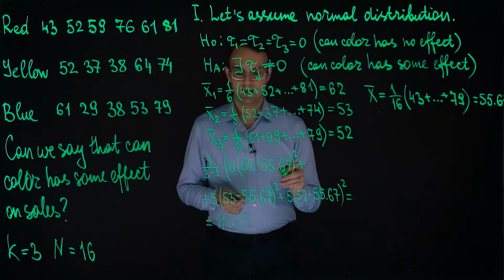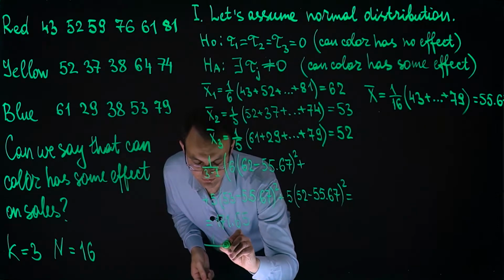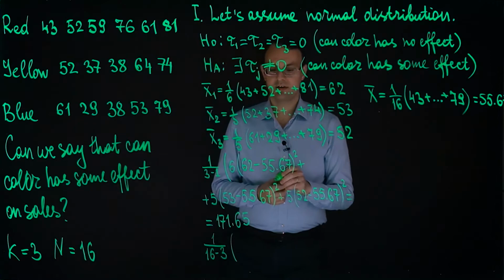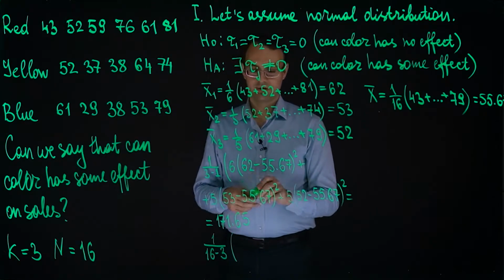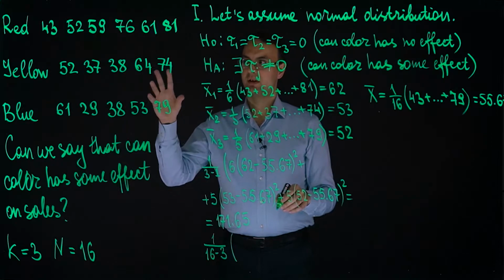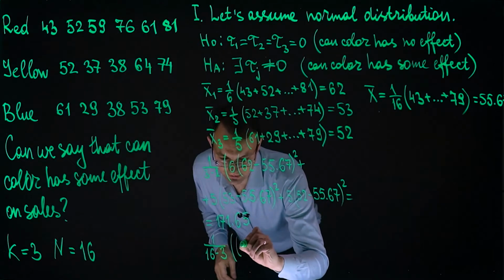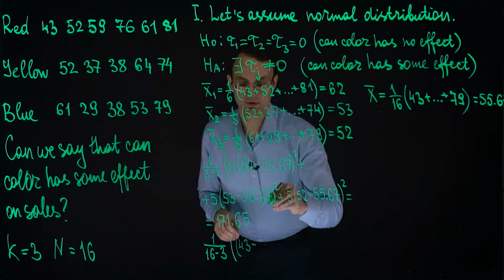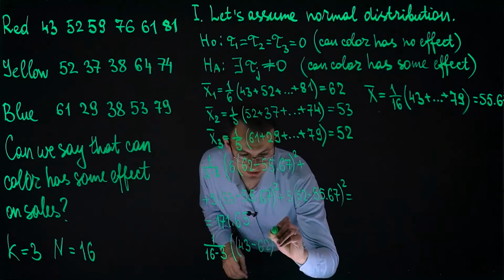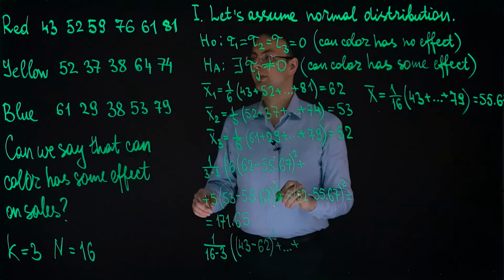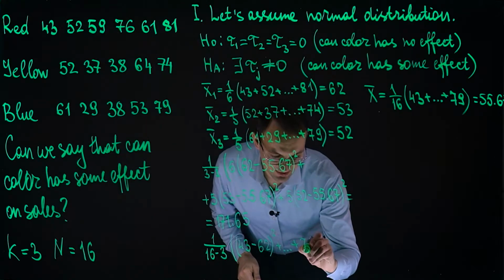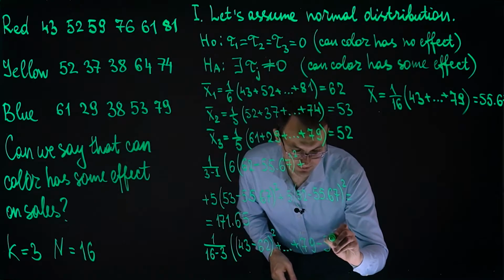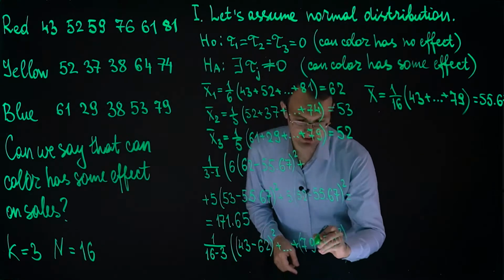Then the denominator is 1 over N minus k, 16 minus 3. And here you are to calculate the sum of 16 terms, starting from 43 minus the sample mean of the first sample, 62, squared, to the last one, 79 minus the sample mean of the third sample, that is 52, squared.